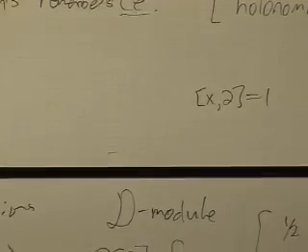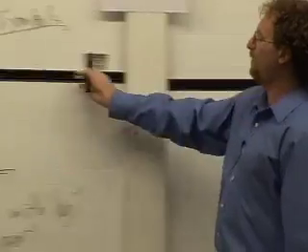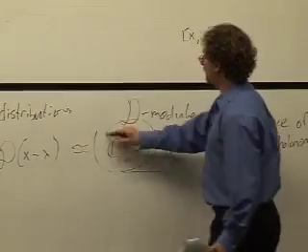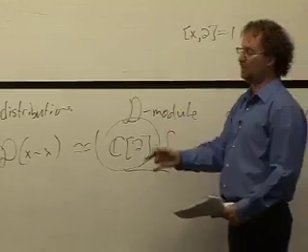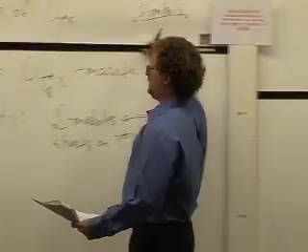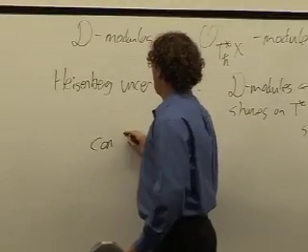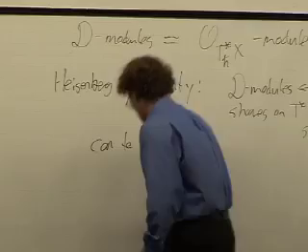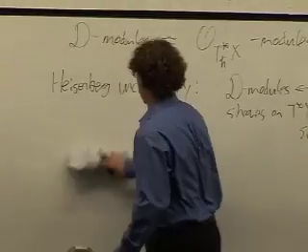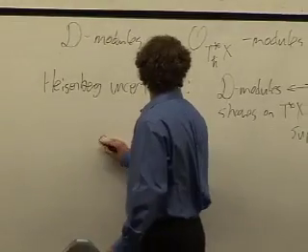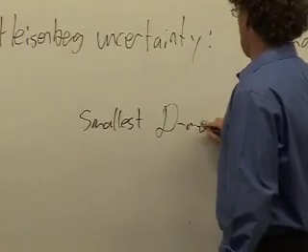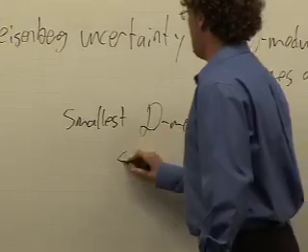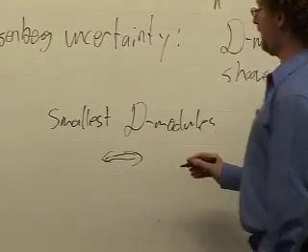More generally, what you find is that the smallest D modules look like polynomials in half of the variables, either all the functions or all the derivatives. So let's say that the smallest D modules geometrically can only be supported on half the variables.